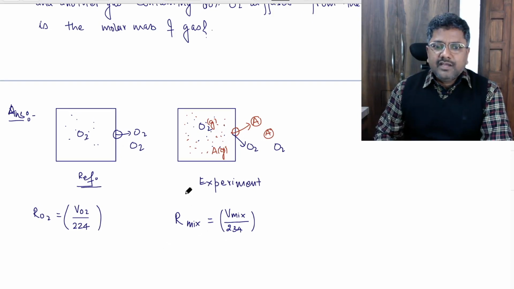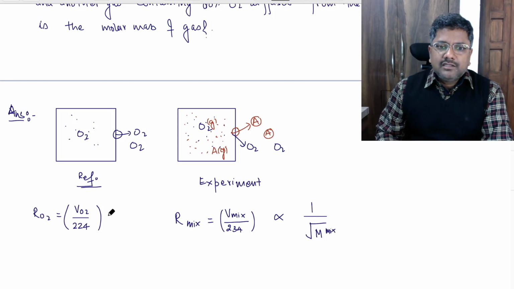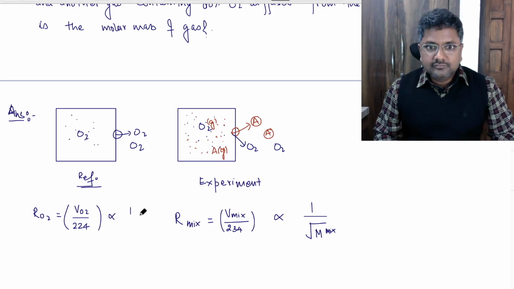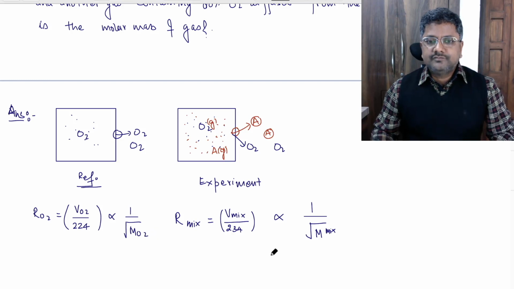So what we can write here, T and P are constant, so this is inversely proportional to square root of molar mass of the mixture, and that is inversely proportional to square root of molar mass of oxygen.